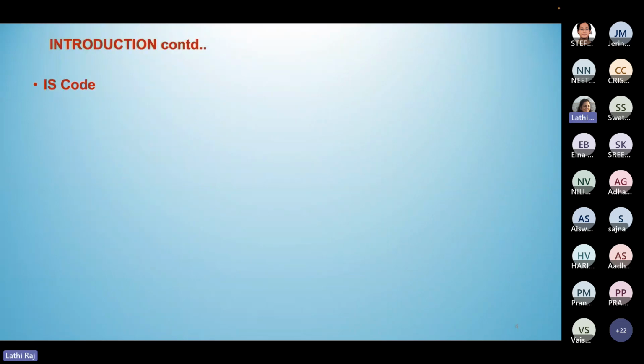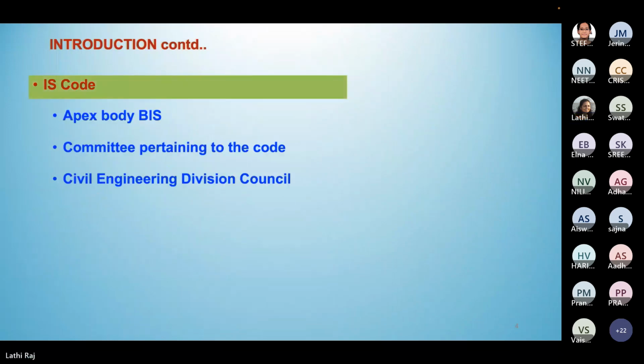Now, coming to Indian Standard Code, while making this code, we have certain bodies and they formulate these codes. So we have an apex body which is owning all these codes, which is BIS. BIS is Bureau of Indian Standards.